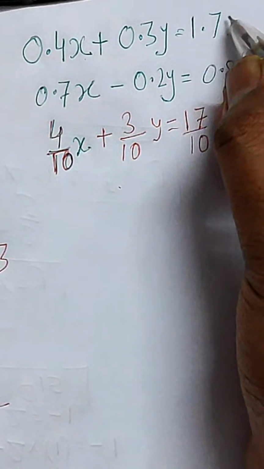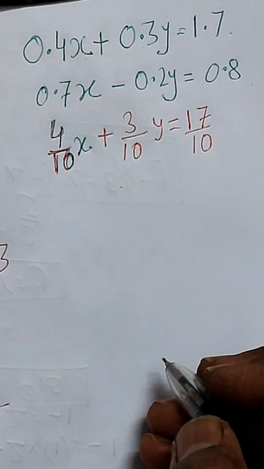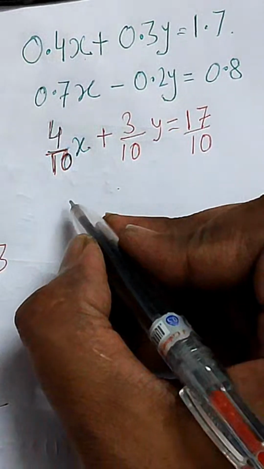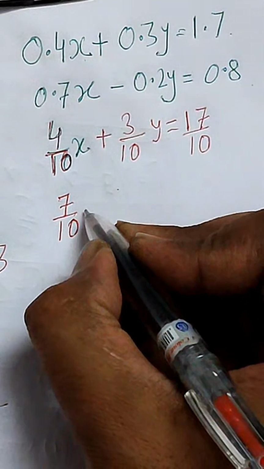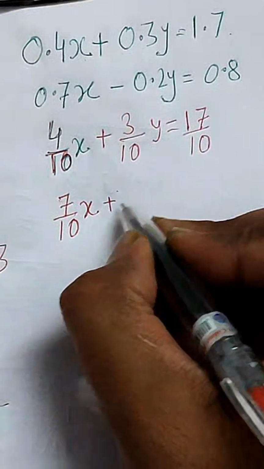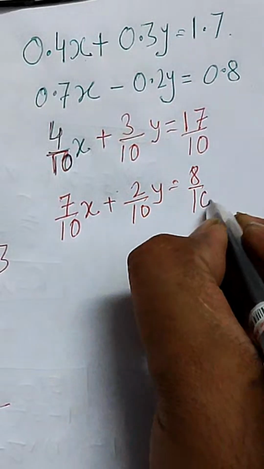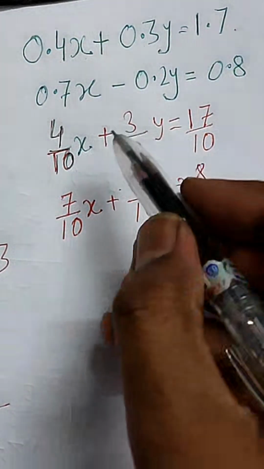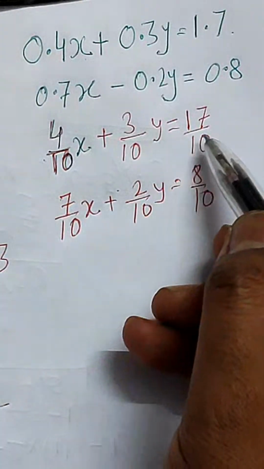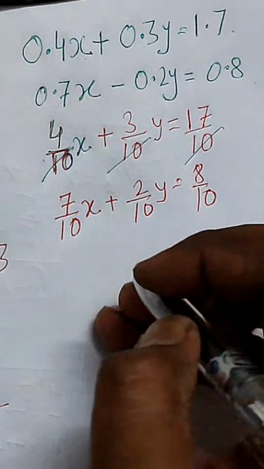Here also the decimal is eliminated, and the second equation will look like 7 by 10x plus 2 by 10y is equal to 8 by 10. In both these equations, 1 by 10 can be taken common in all three terms, so the 10s will be cancelled out.